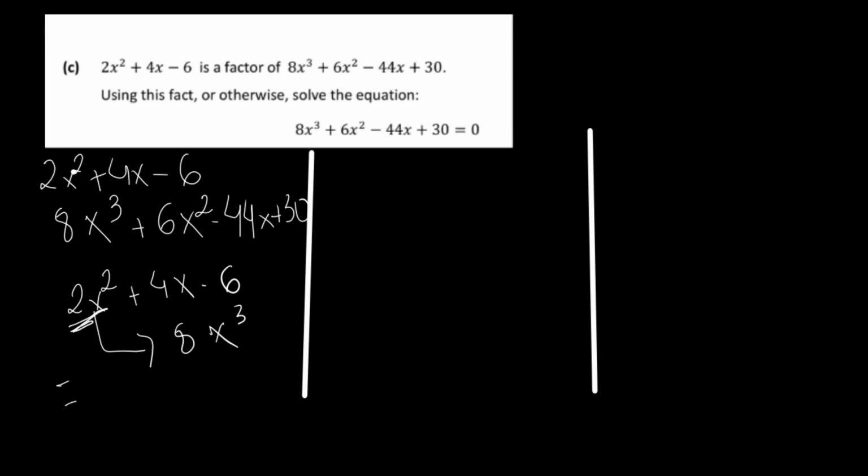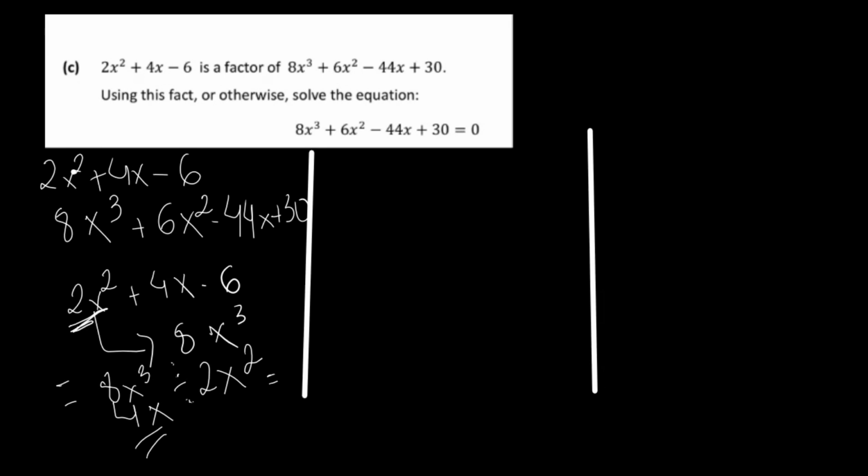So if we divide 8x cubed by 2x squared, we find 4x. So we find our first term: the missing factor for the first term is 4x.